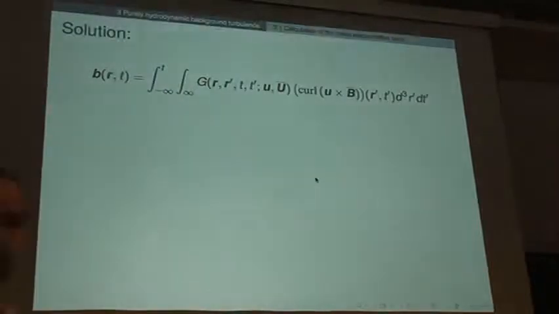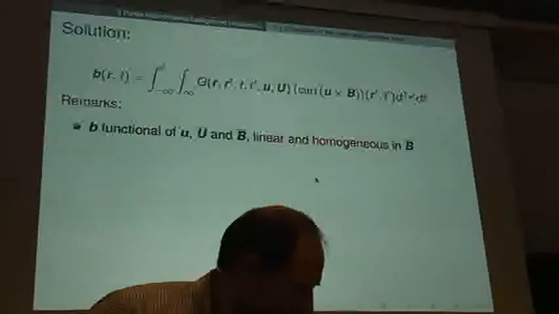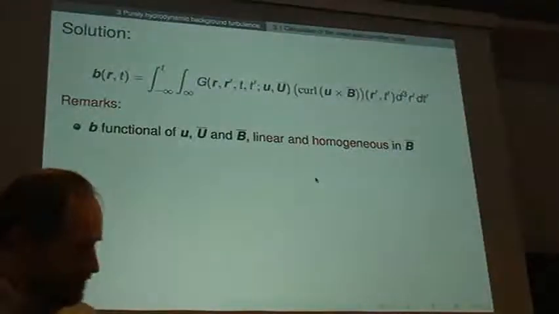And we may readily give a general solution for that in terms of a Green's function, which, in the general case, if we don't employ SOCA, depends on the velocity fluctuations, of course, and on the mean flow too. Some remarks to this equation.